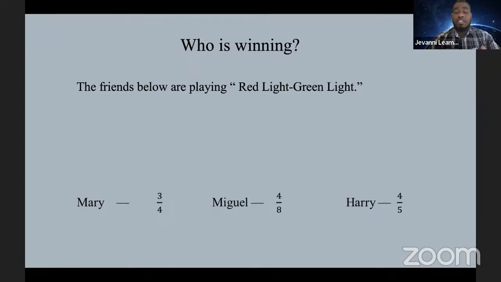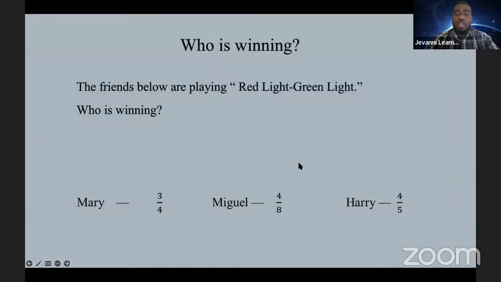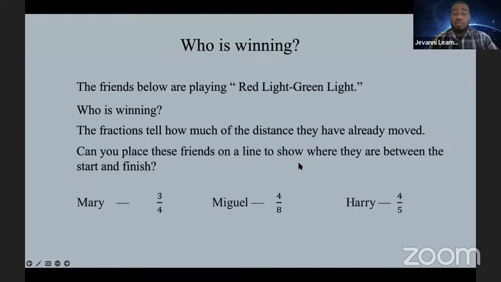We have 3 friends, Mary, Miguel, and Harry, and they're playing red light, green light. You want to find out who is winning. We're just putting this scenario out right now, and later in the presentation you'll find out how we can represent this or see who is winning. The fractions are telling you how much of a distance.